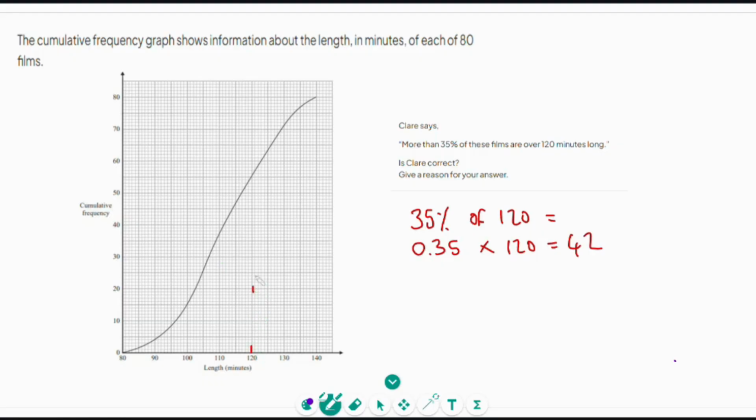So let's look at 120 minutes. And then more than is like this part here. So how many films do we have? 10, 20, 25.